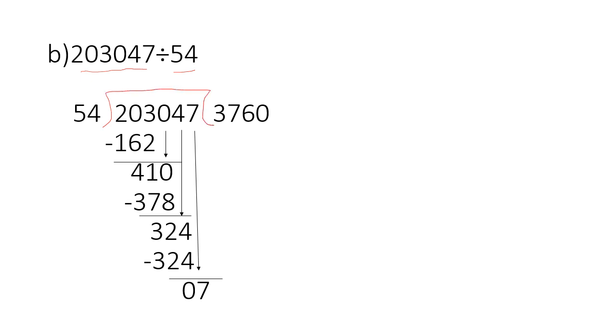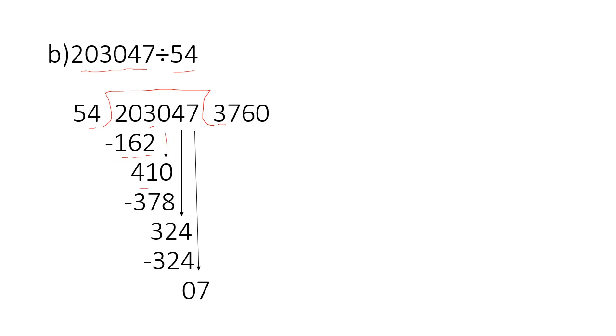So you write like this. Now you have to take the 3 digits first. So we are having the number 203. And 54 times 3 is 162. So when you subtract 203 and 162, you get the difference 41.